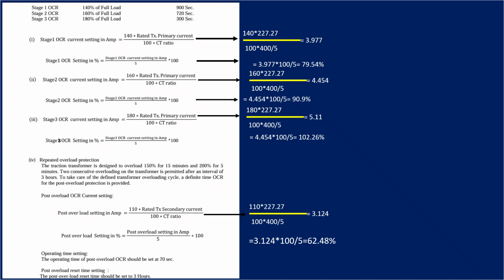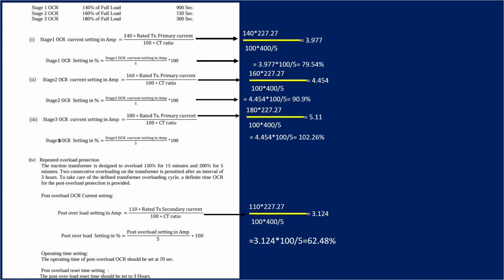We have seen the transformer primary current is 227.27, and 140% means 140 by 100, and the CT ratio is 400 by 5 on the HV side, so it comes around 3.977. This 3.977 is on the relay side after converting through the CT to the relay. The ratio is 400 by 5, so the current is 3.977. It is the 140% HV side current on the relay side.